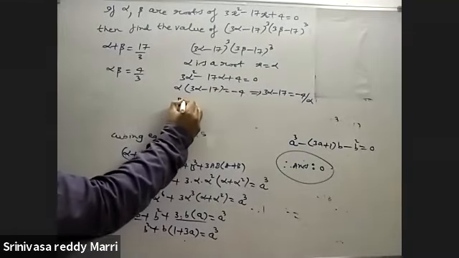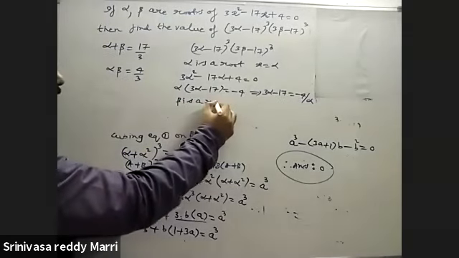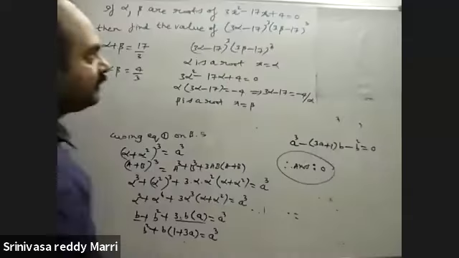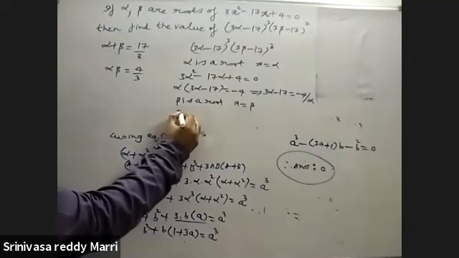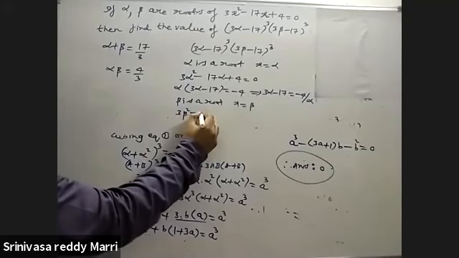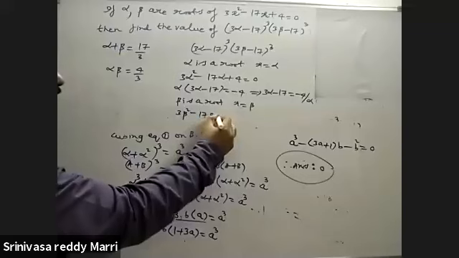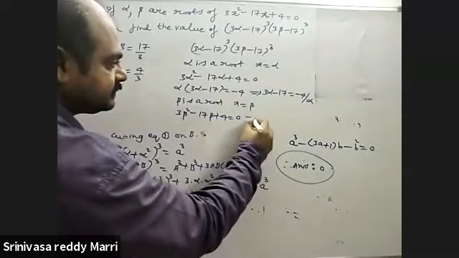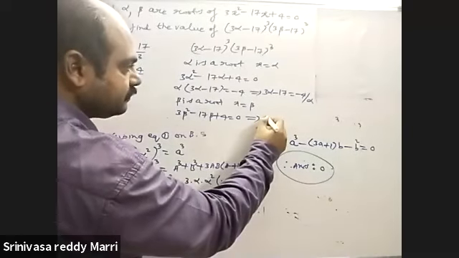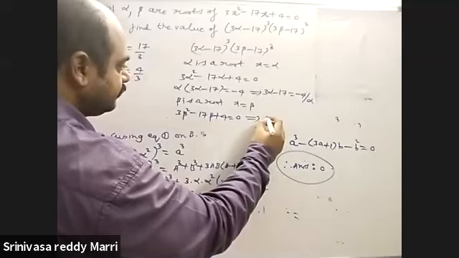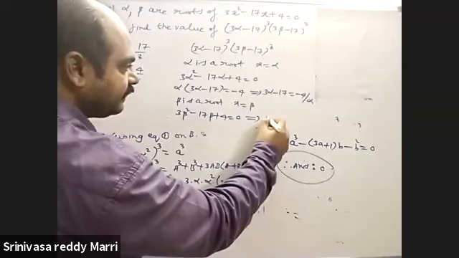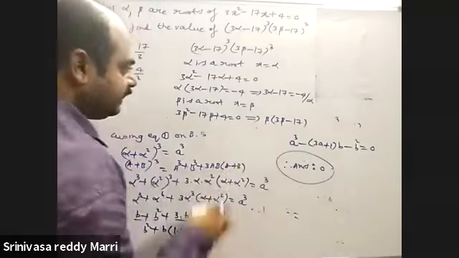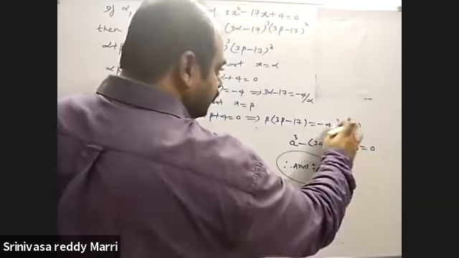Now next, beta is a root similarly. That means x equal to beta must be satisfied in that. Substitute beta as beta is a root. 3 beta square minus 17 beta plus 4 equal to 0. If you take beta common here, beta into (3 beta minus 17) equals minus 4.